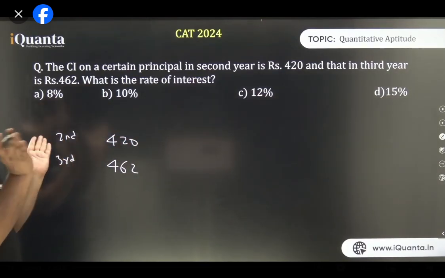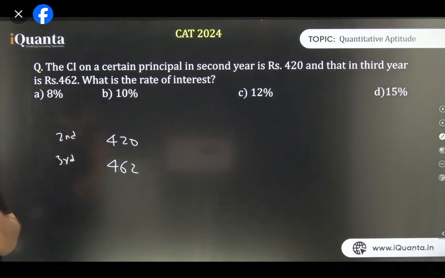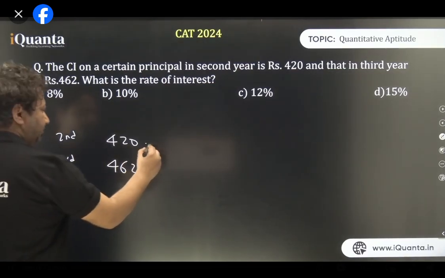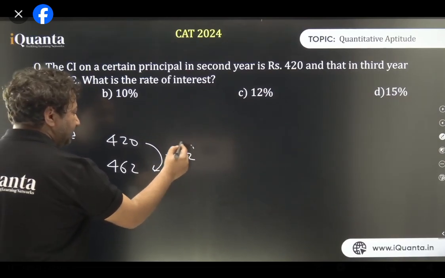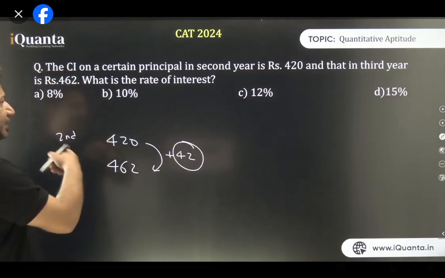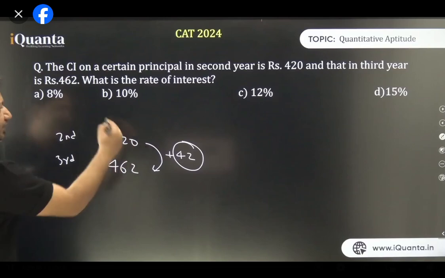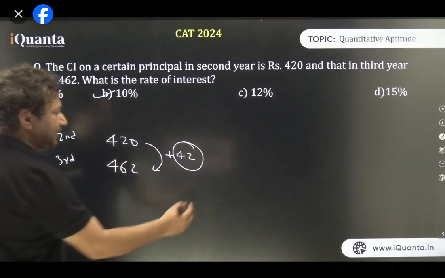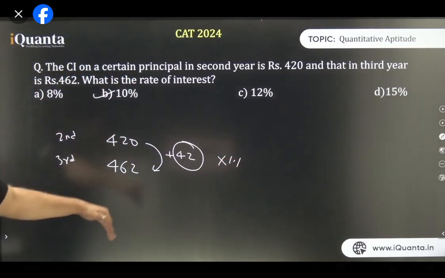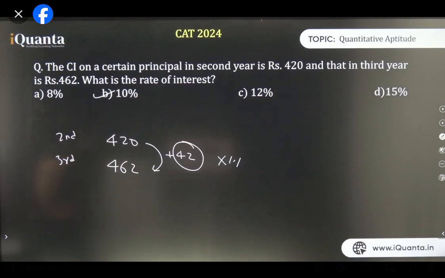This is for the third year only, not for the complete 3 years. By the way, the interest of the third year included the interest on the second year also, right? So by what amount has it grown? It has grown by 42, and 42 is what percent of 420? 10%, and we got the answer. So basically, what is happening here? Into 1.1 was happening. 1.1 was the multiplying factor. Clear?